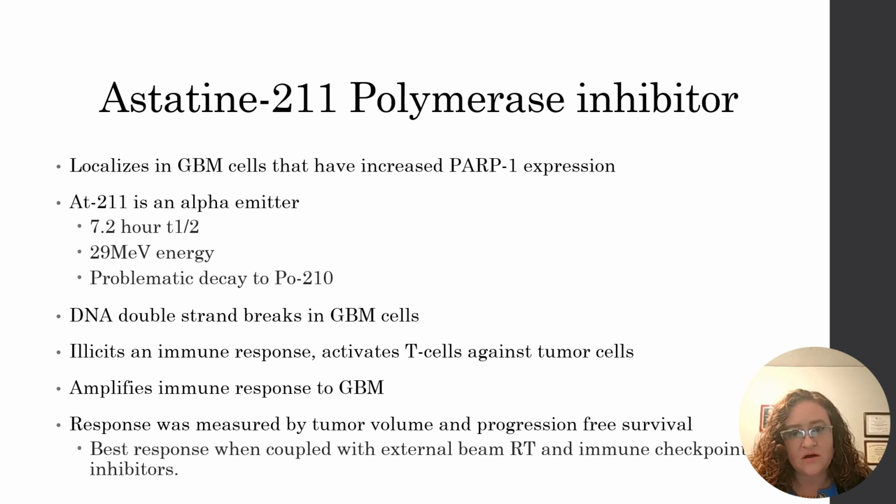And so using that overexpression and tagging that to an alpha targeted therapy, it helps to deliver a DNA double strand break to the glioblastoma cells, and it elicits an immune response and activates the T cells against the tumor cells. And so it is best when it's combined with external beam radiation therapy also. And its response was measured by tumor volume and progression-free survival.